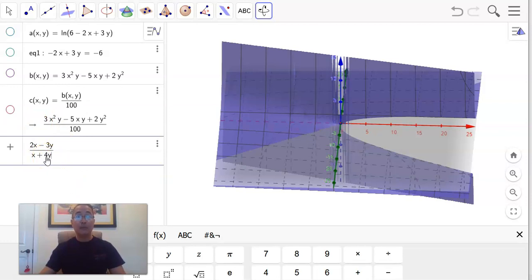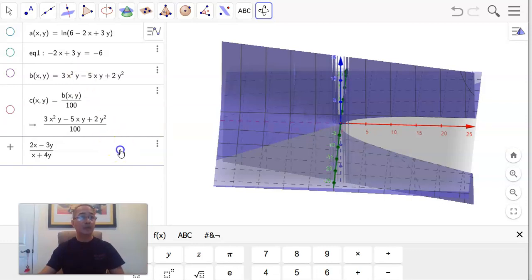But if it were equal to 0, what you would get, again, would be a plane. In the same way that when we set this equal to 0, we got a line in the xy plane, but in space, it's still a plane.